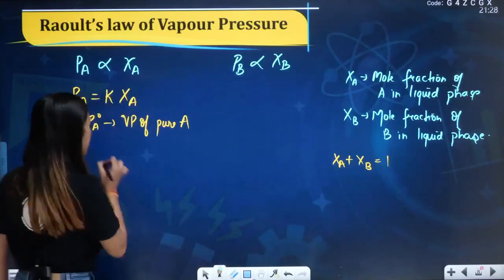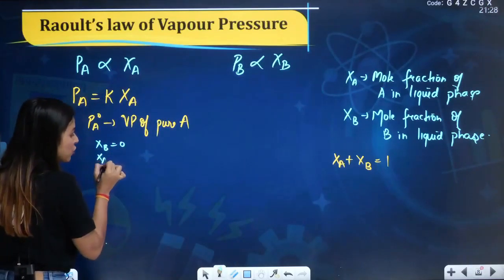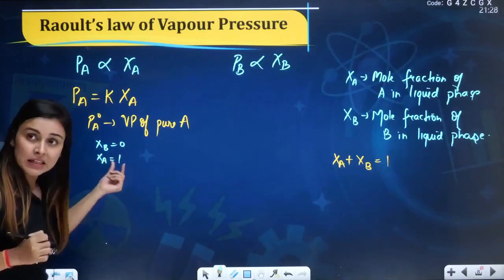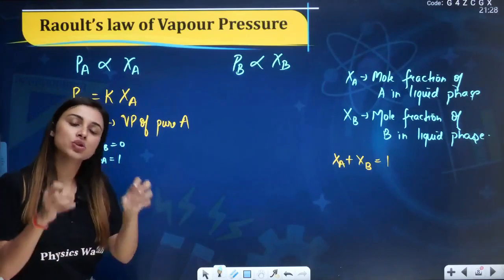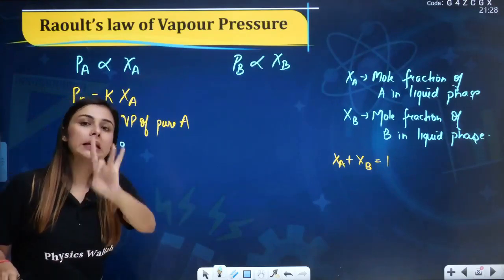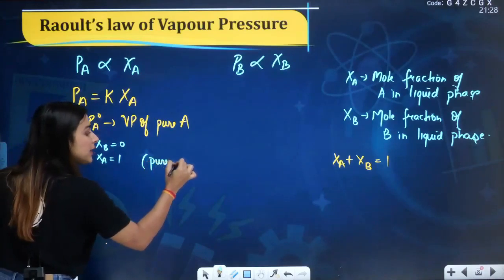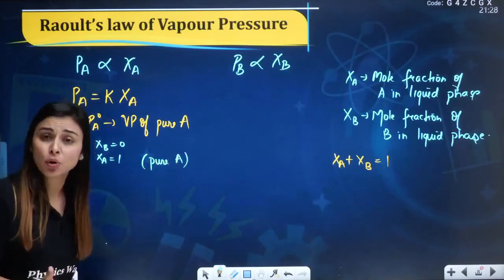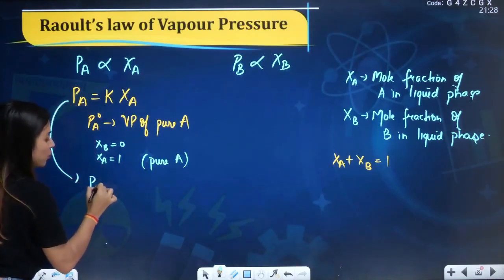If the mole fraction of B is 0, this means that the mole fraction of A is equal to 1. And since the mole fraction of A is 1, the whole solution contains only A, so you're talking about pure A. Then this pressure PA will become equal to PA naught.